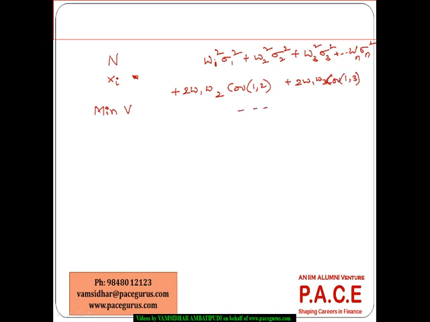Like this it goes for all combinations: 2 W1 Wn covariance between 1 and n, 2 W2 W3 covariance between 2 and 3, which means it goes for nC2 such combinations of covariances.